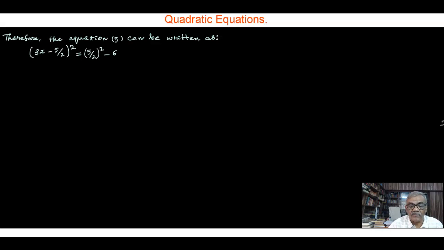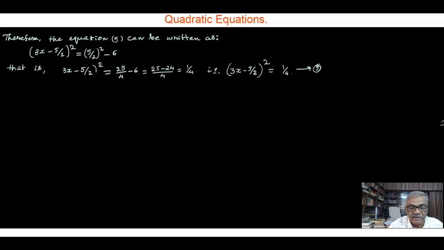And therefore equation 5 can be written as 3x minus 5 by 2 whole square is equal to 5 by 2 whole square minus 6, that is 25 by 4 minus 6, that is 25 minus 24 by 4, that is 1 by 4.